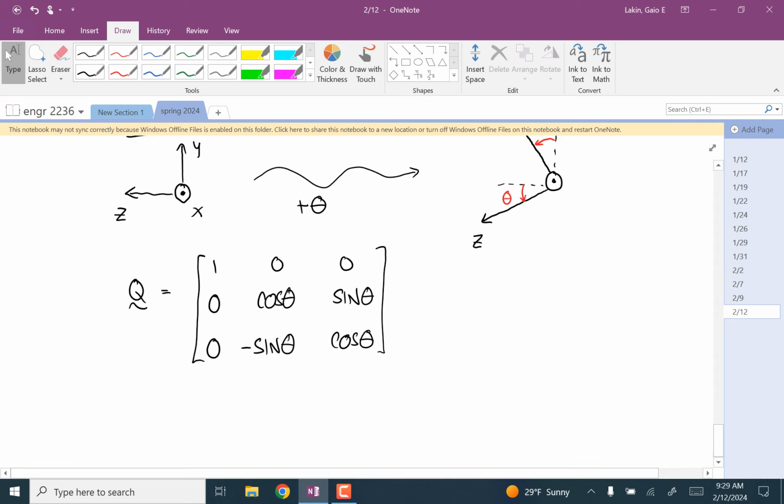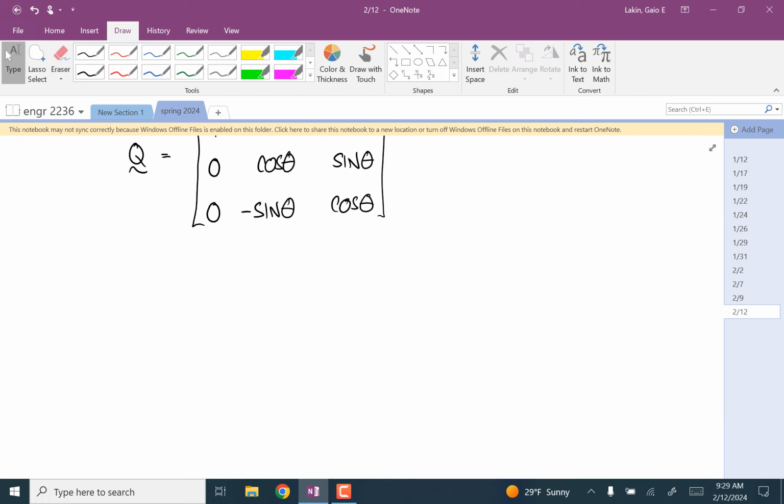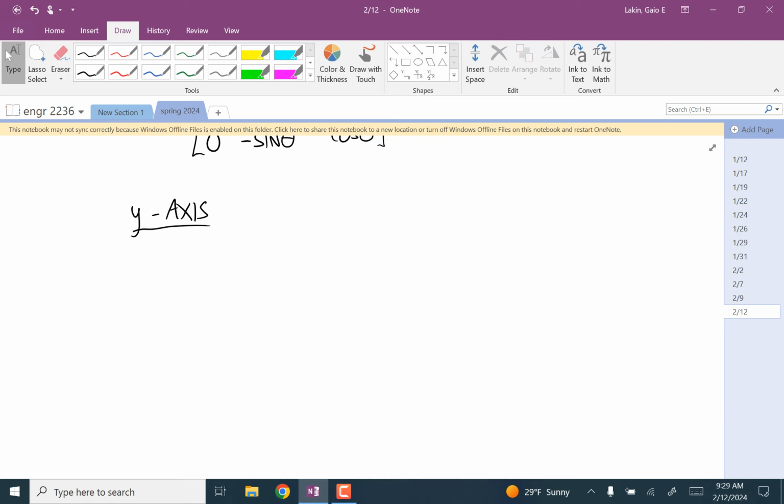Now about the y-axis. Let's think of looking up from above. There's the y-axis, here's the x-axis, here's the z-axis.